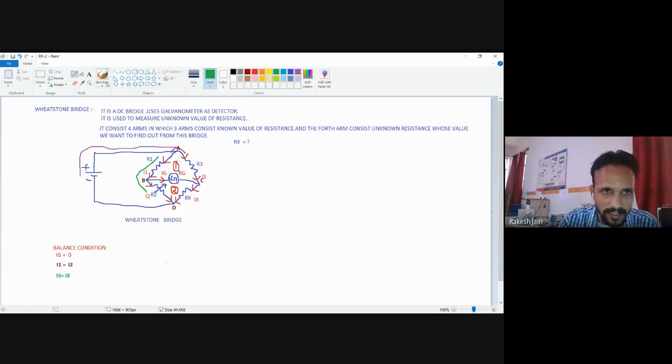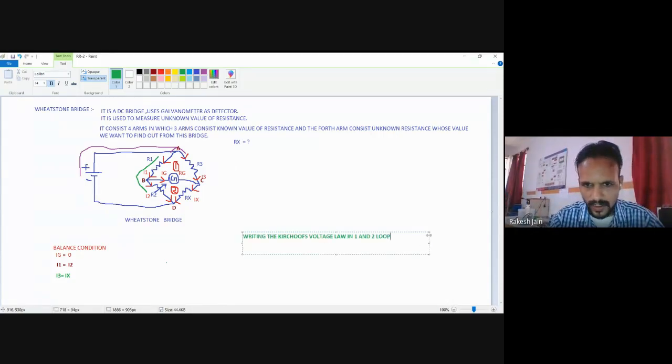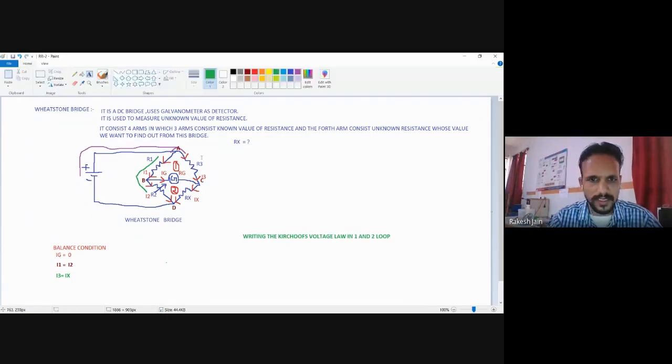I am going to write down the Kirchhoff voltage law in the first and second loop. Loop means the closed path.